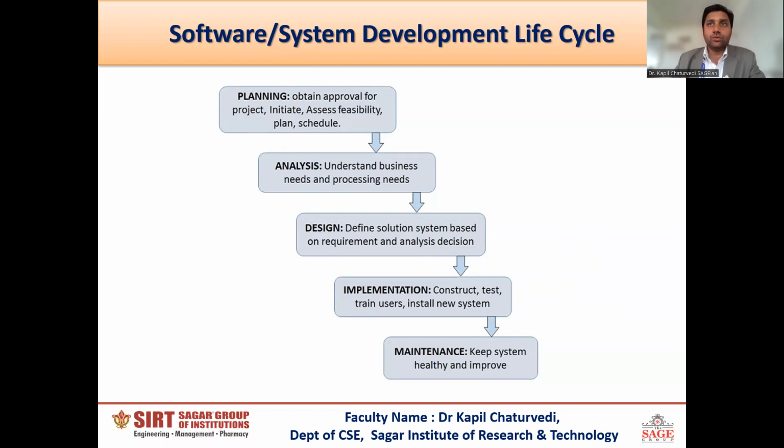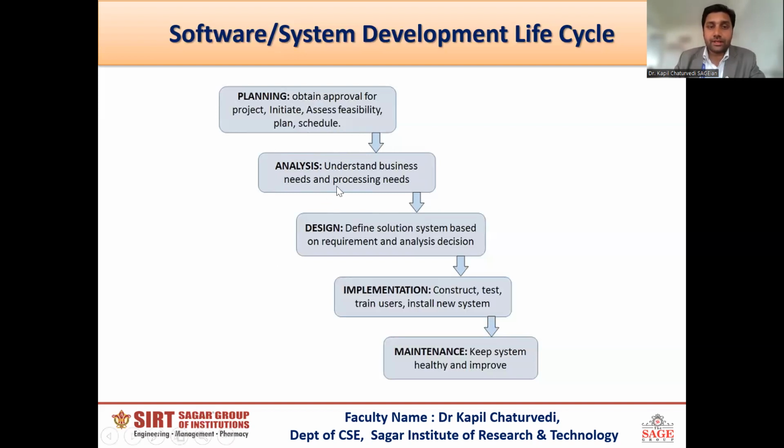Also, we try to understand whether the project is feasible or not. It means we make a feasibility report of that project. Once we check that the project is feasible, we go on to the analysis phase and analyze the process to convert that kind of thing into software.